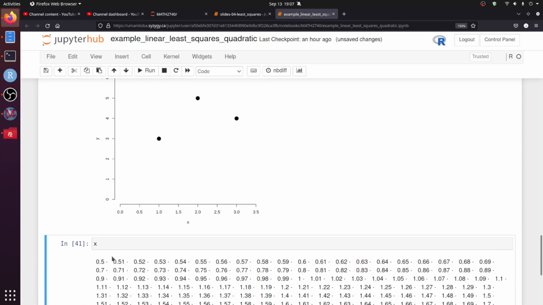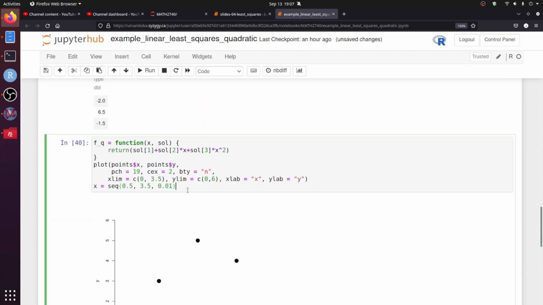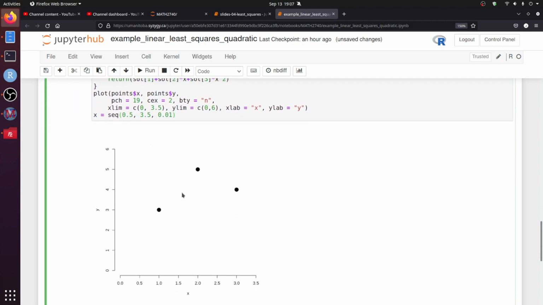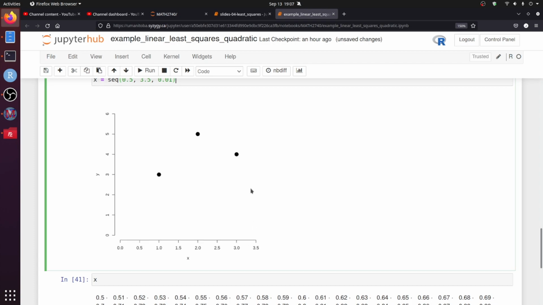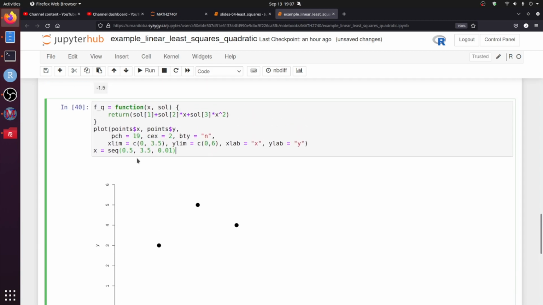Now, what do I want to do? I have these values of x. One remark is that in R, the first call to plot defines the plot window. When I call plot like this, this is produced: the limits for the axes are chosen, the axes labels are written, and so on. Any subsequent plot that I make to the same plot has to use a different function, so I can't use plot again.